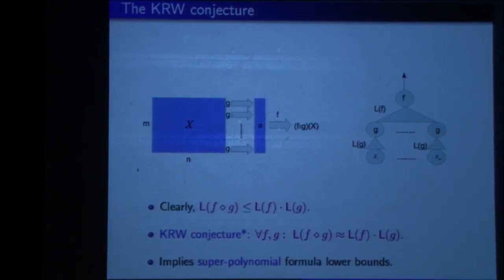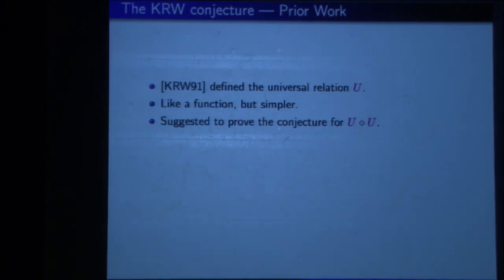Right. So what do we know about this conjecture in the non-monotone setting? It's a good point that in the monotone setting we know a lot. For the non-monotone setting, the original paper suggested a certain approach to get a handle on the conjecture. They defined something called the universal relation, which is something like a function but simpler. And they suggested that we could try to prove the conjecture first for the composition of two universal relations.